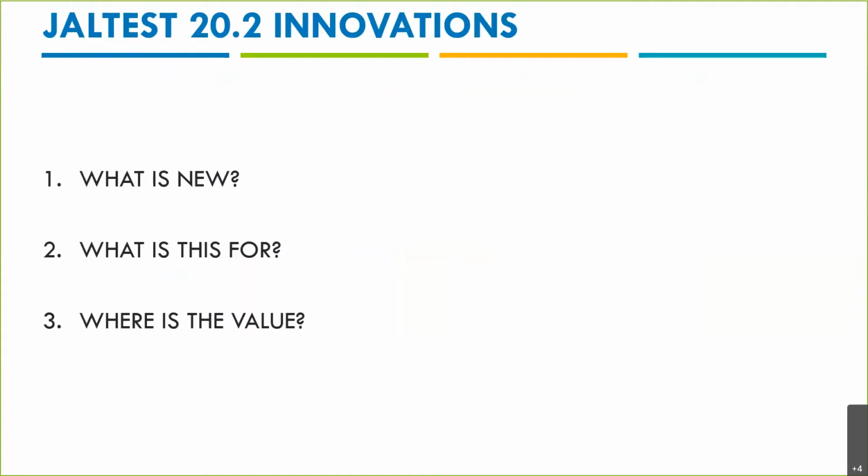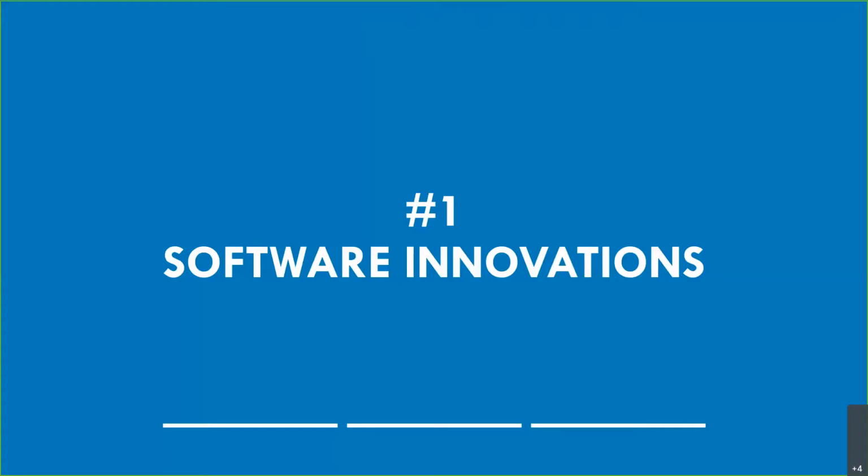As we usually do, during the webinar, we will not only list the new features and developments of the update, but also explain what they are for and which is, from the user perspective, the main added value that they have. So we'll start with the software innovations.